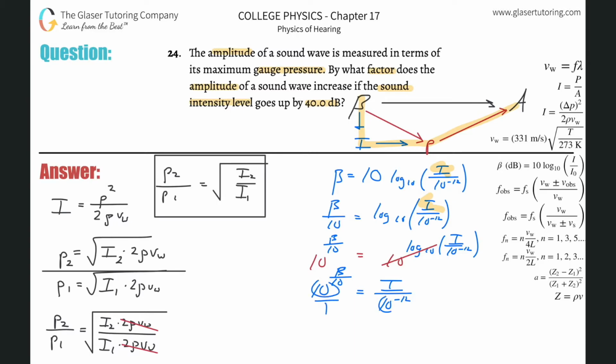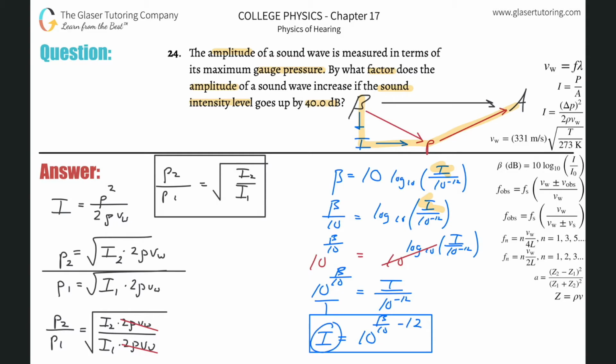Whenever you have like bases, you can simply add the exponents, right? So it's beta over 10 plus a negative 12. So now we realize that the intensity here is going to be 10 raised to the beta over 10 minus 12. I know this looks crazy and it's going to get even crazier, but this is what we got to do. So now what I can say is this is the general formula.